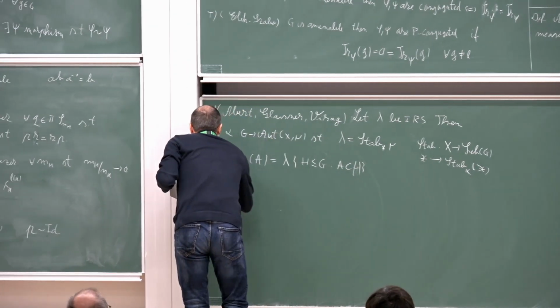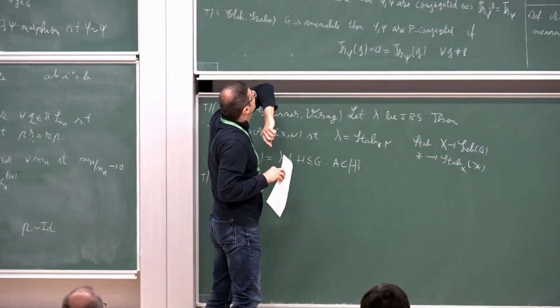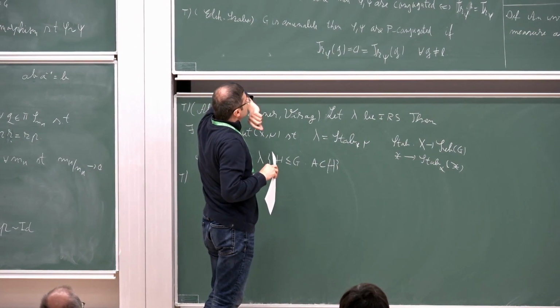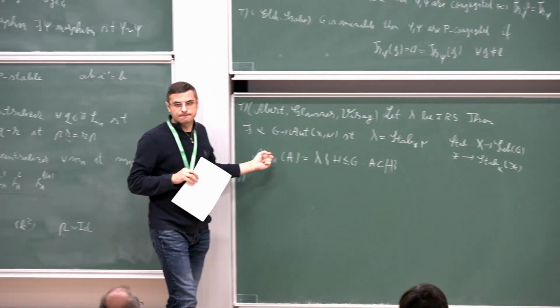Okay. Now, the corresponding theorem to the Hadwin-Shen theorem is that two sophic morphisms are P-conjugated if they have the same action trace.